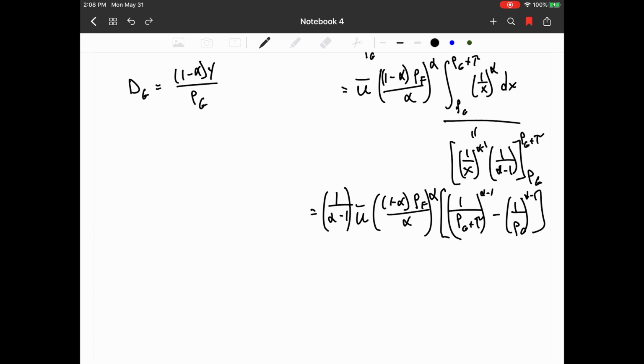Second, we're going to calculate consumer surplus using the Marshallian demand. The change in consumer surplus is again an integral over 1 minus alpha times y, and then we have 1 over PG, but because we're integrating over PG, we'll use x as our running variable. So then we have PG plus tau and PG.